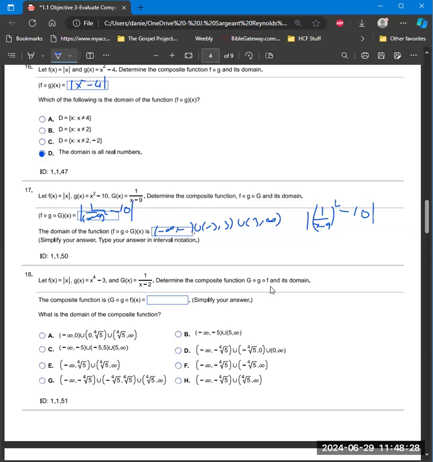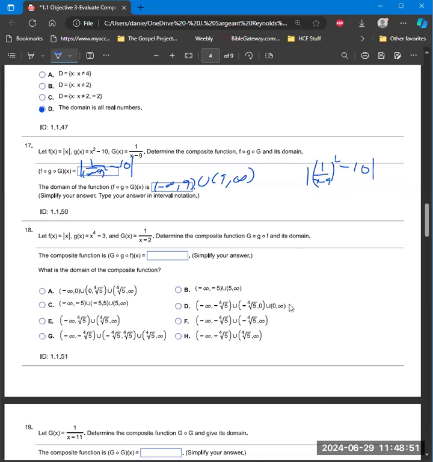I'm sorry, 9. 9's the only bad number. So negative infinity to 9, union 9 to infinity. There we go. I was looking at that like it was x squared minus 9 instead of x minus 9 squared. So sorry about that.